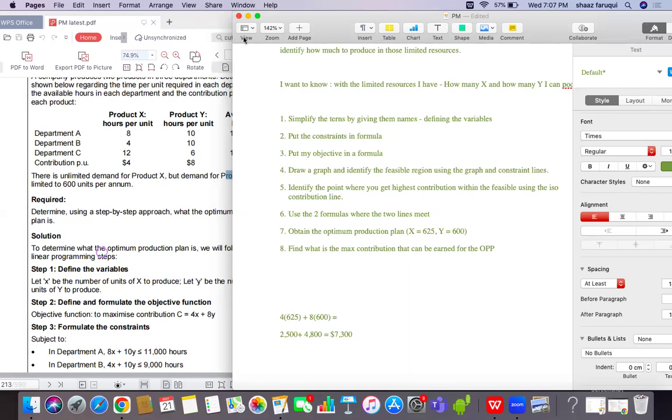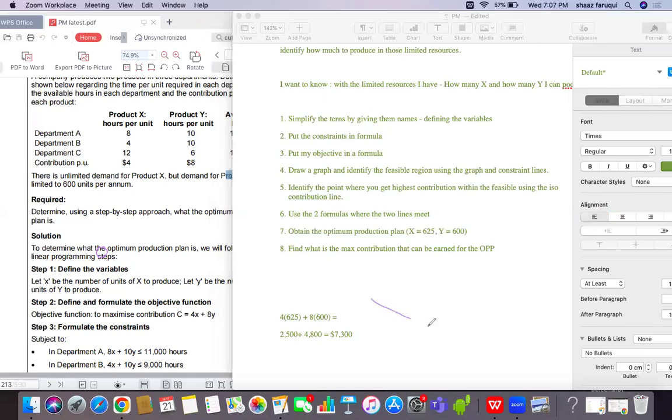Once I get the slope of the line, using that same slope, whether the slope is like this or like this, I have to move as far out from the origin as possible without crossing the feasible region. The last point within the feasible region will be the point where you get the highest contribution.